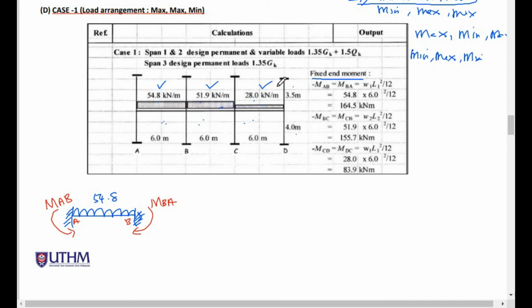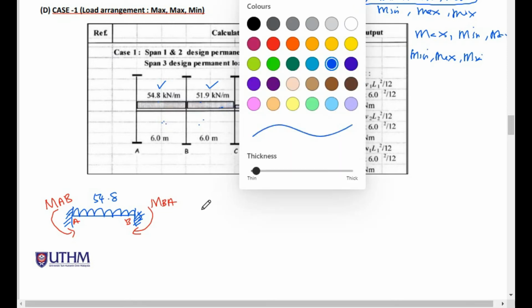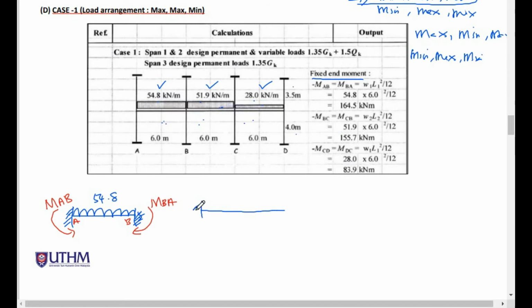Next is span number 2, fixed end moment. Span number 3, fixed end moment. Loading here is 51.9, and loading here is 28. Either you draw it like this, the UDL, or you draw it like this, both can.